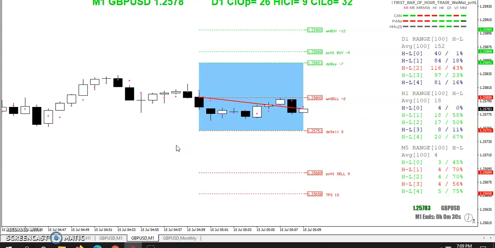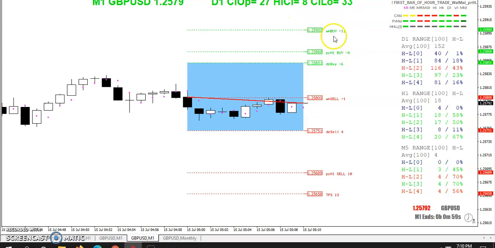But as you can see right now, things are kind of quiet here with the pound dollar, not much movement. We've only got 4 pips and we're 10 minutes into the hour. Things are kind of quiet. Got a 41 pip range so far today, though.